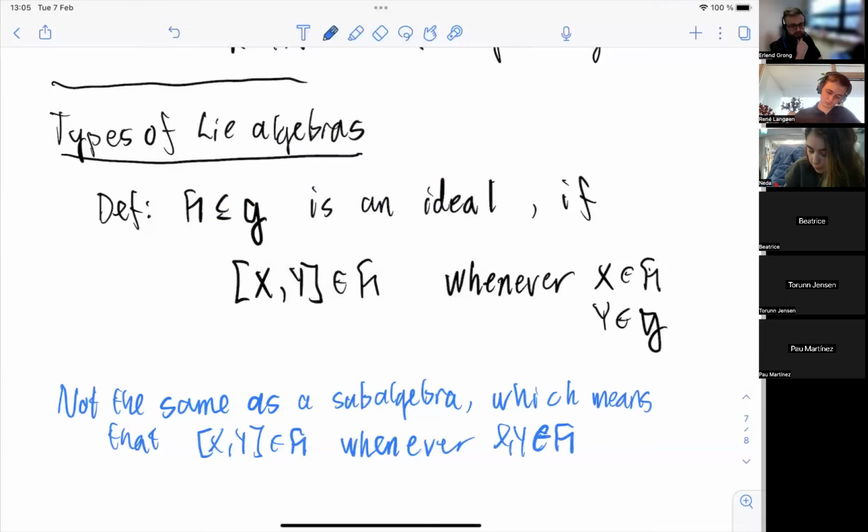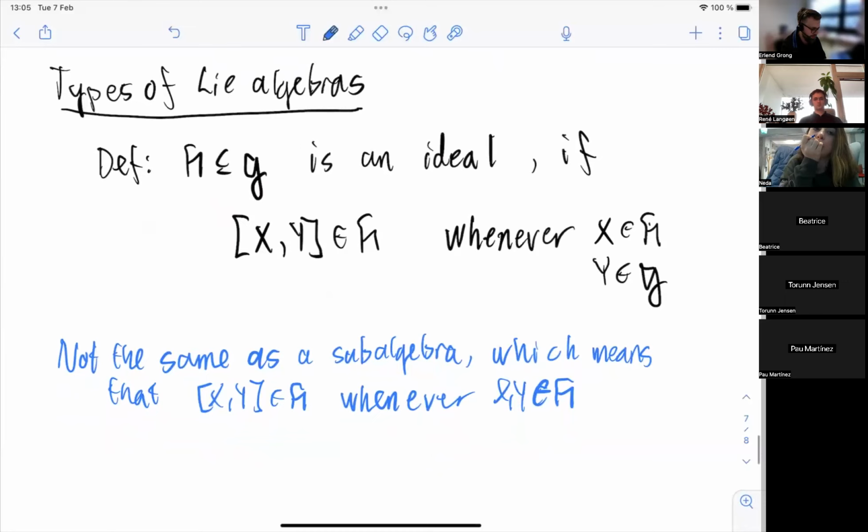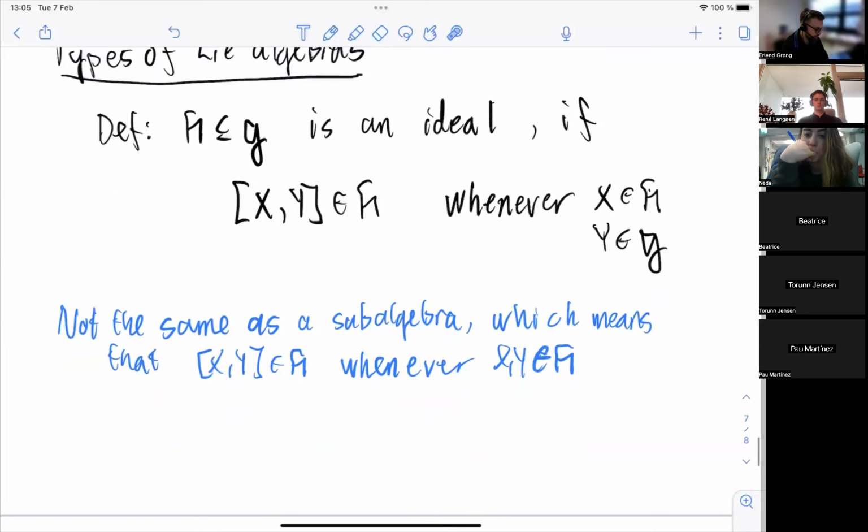So ideals are subalgebras, but subalgebras are in general not ideals. And the major difference here is that y can be whatever it wants from the general Lie algebra.